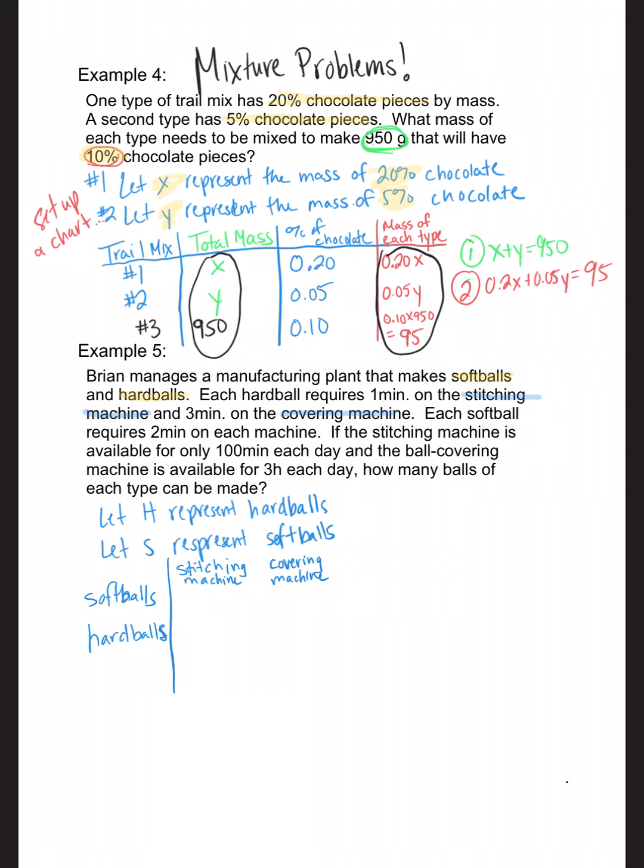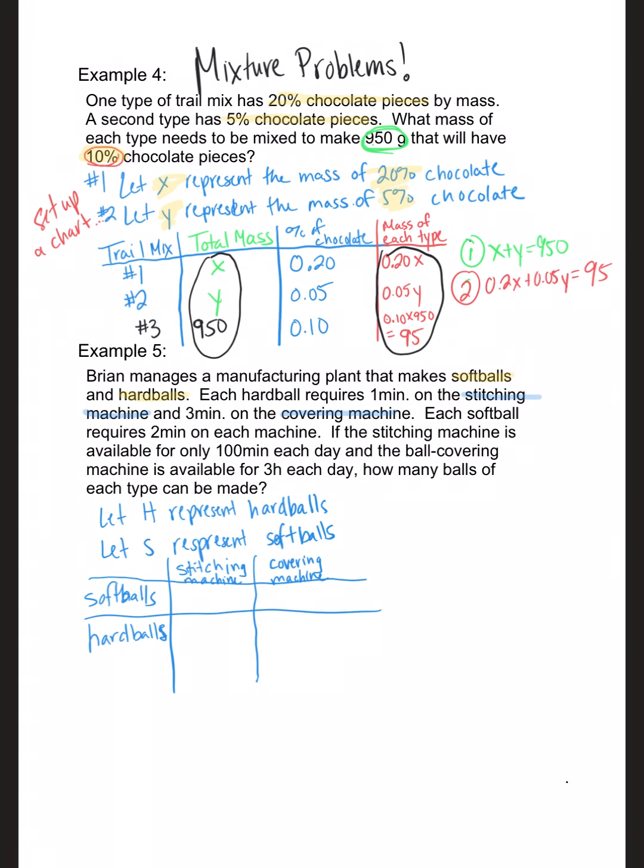And let's just make a table with those as our columns and the types of balls as our rows. So now we'll try to pull out the time required on each type of machine for these different types of balls, and that will hopefully help us set up an equation because we have some time constraints for how many minutes each day each of these machines are available.